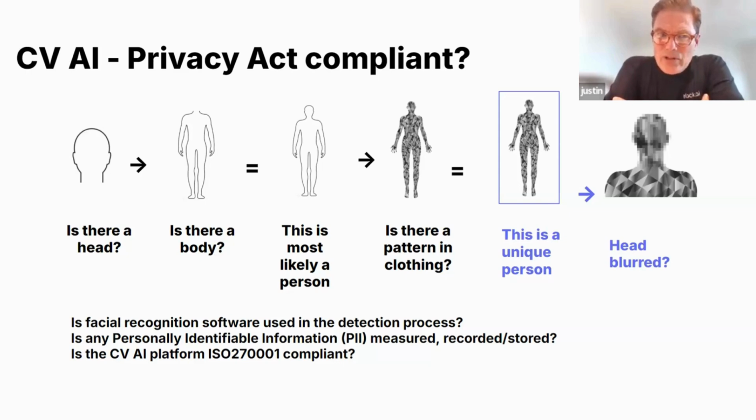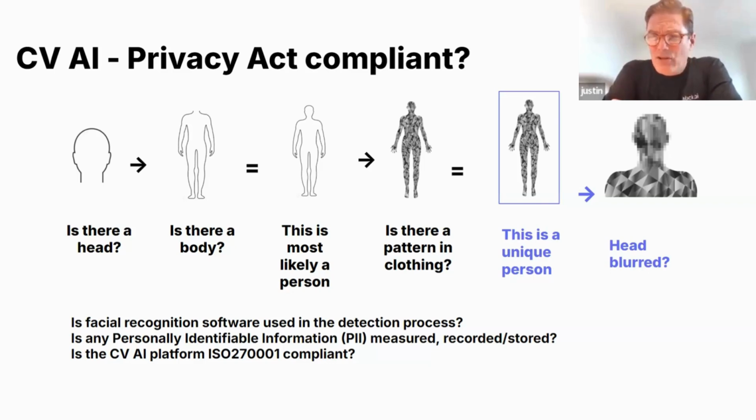Secondly, is there any personally identifiable information measured, recorded, and stored? And if so, where? For example, it's not just facial recognition that is or can be used to identify an individual, but there is gait measurement as well as height and other various elements. And this is central to privacy.